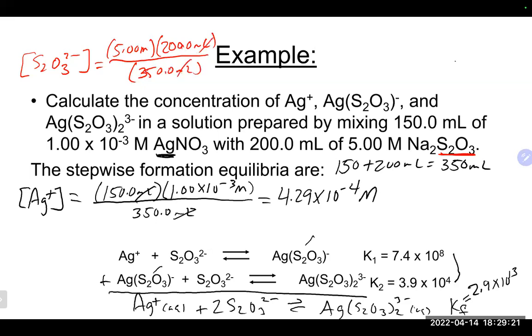Again, the milliliters will cancel, and that will give us our ligand concentration of basically 2.86 molar. Any question on either of those steps there?